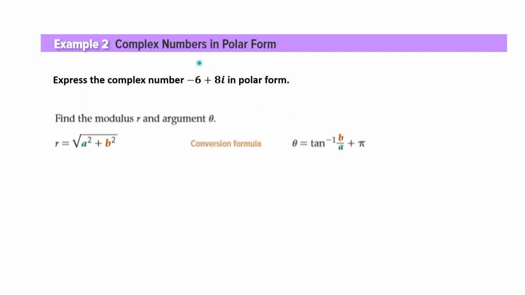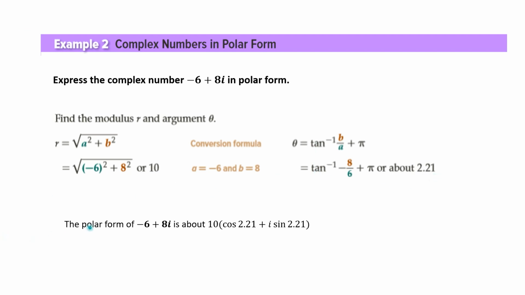Note that here a is negative, so the formula for theta is tan inverse of b over a plus pi. We substitute the values and get the values of r to be 10 and theta to be about 2.21. So the polar form of -6 plus 8i is about 10 (cos 2.21 plus i sin 2.21).